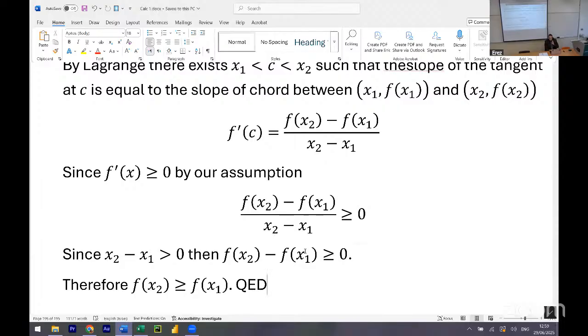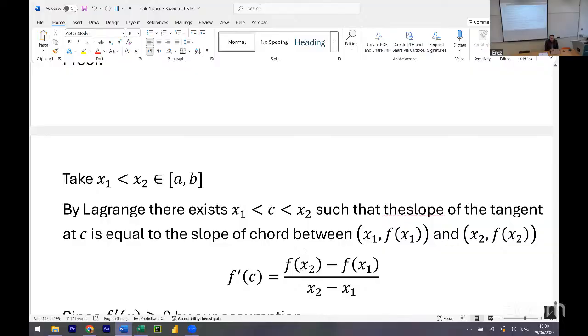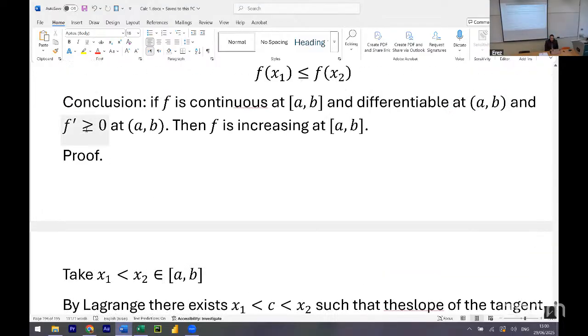So that I'm not confused, basically what we're saying is, for all x from A to B, f is increasing. No, that's the result. The assumption is that the derivative is larger or equal to 0.